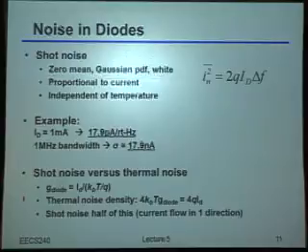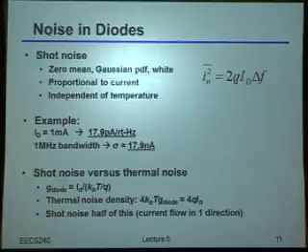And so just to start with, let's think about, for example, a diode. Okay? Diodes are somewhat interesting here because they have a slightly different type of noise. And that type of noise is so-called shot noise. Okay? Before I dive too much into the details of what shot noise is, let me tell you what the final result is, and then maybe ask you guys if we can guess where this particular type of noise is coming from in the first place.